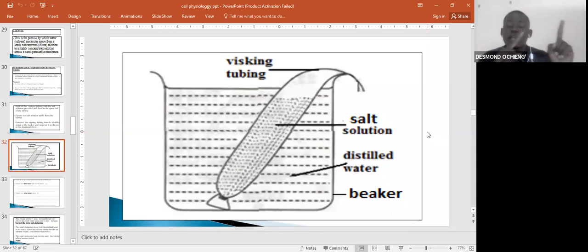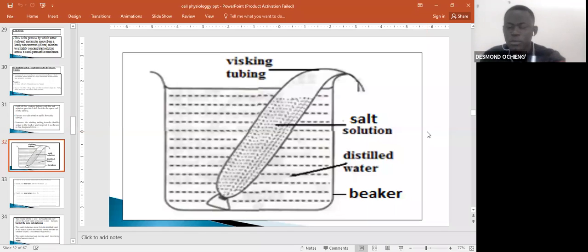Now, hypotonic is the opposite of hypertonic. And that means that a hypotonic solution is that solution which has got a low concentration of the solute particles, but a high concentration of the solvent particles. We are going to look at them later on, so do not worry.